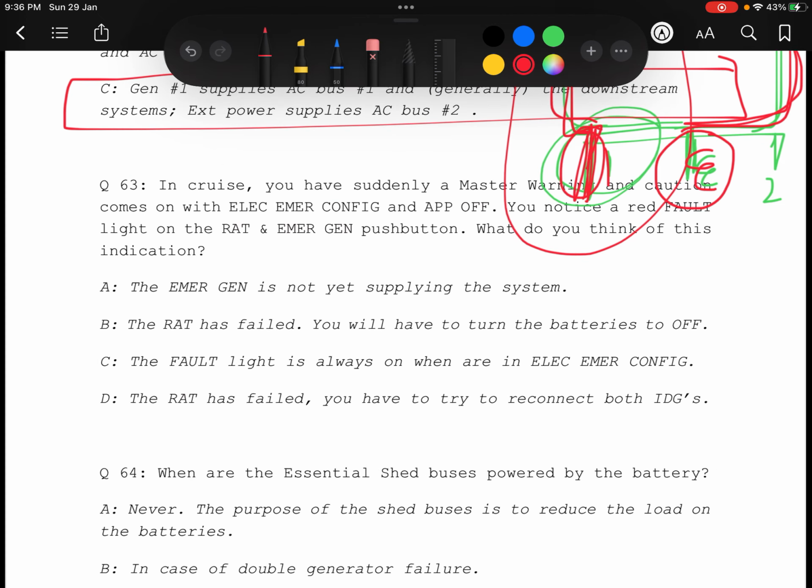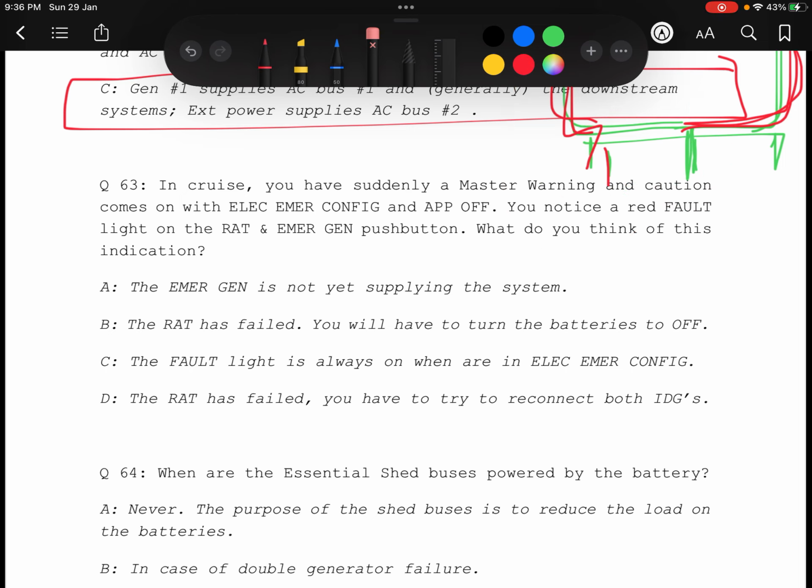Question number 63. In cruise, you suddenly have a master warning and master caution, and ELAC configuration and approach off.